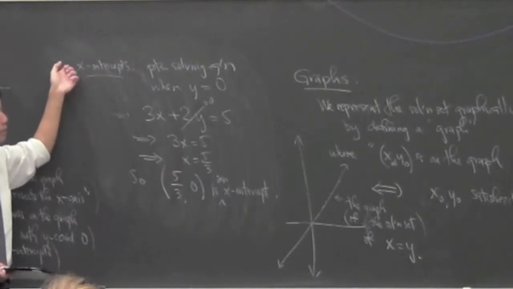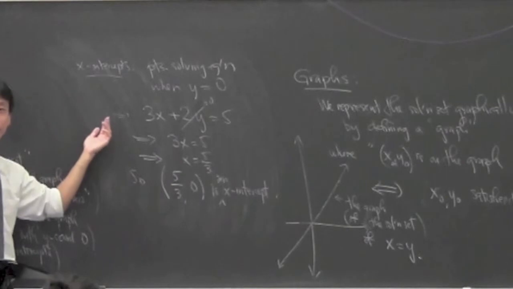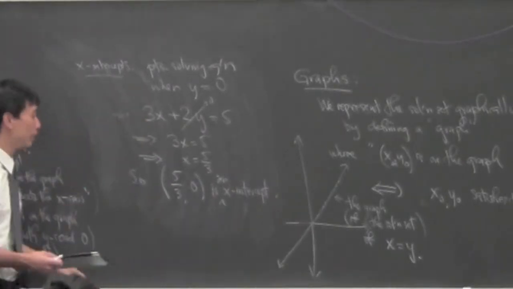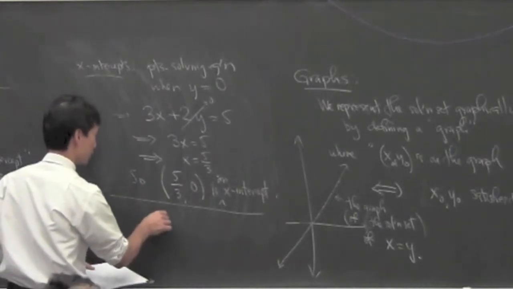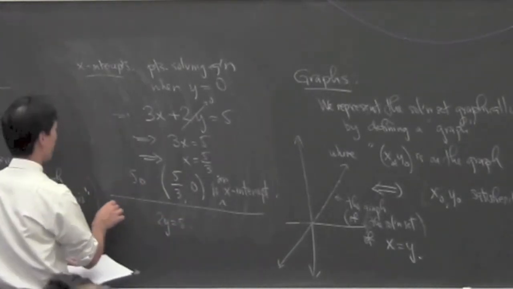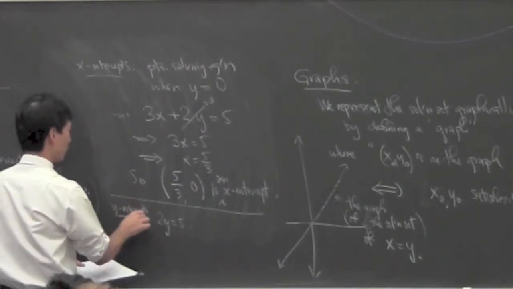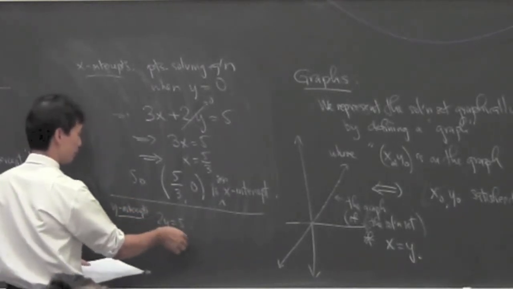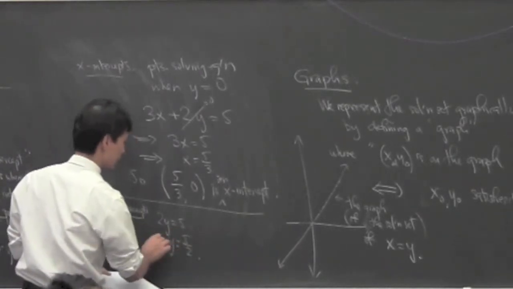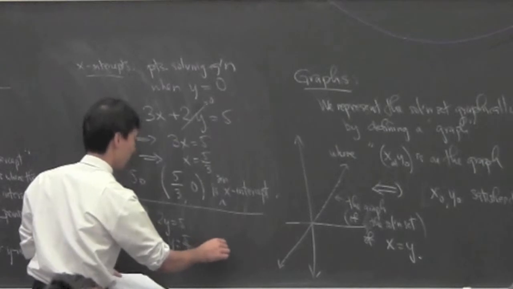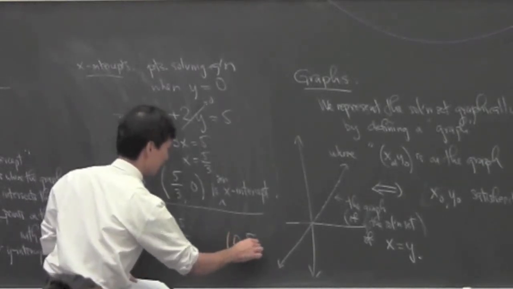If I'm talking about the y-intercepts, then I want the points that satisfy the equation where x is equal to 0. So I'm looking at 2y equals 5, so y equals 5/2. And so the y-intercept then is just (0, 5/2).